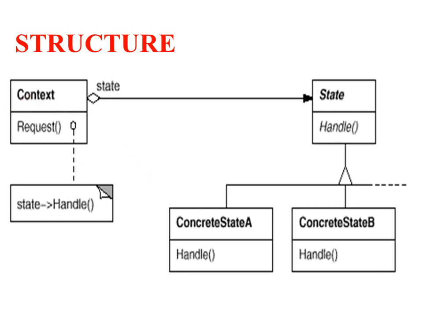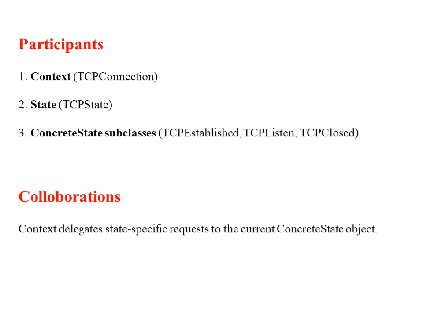Next, coming to the next template, participants. Here there are three participants. One is the context, defined as the TCP connection. The state is defined as the TCP state. The concrete state classes are TCP established, TCP listen, and TCP close.